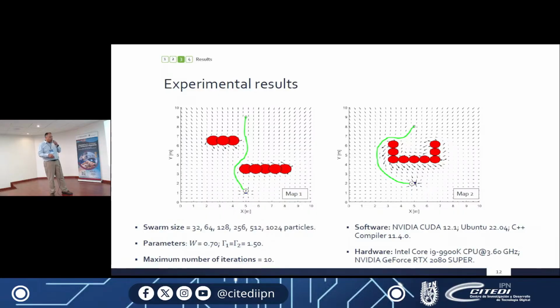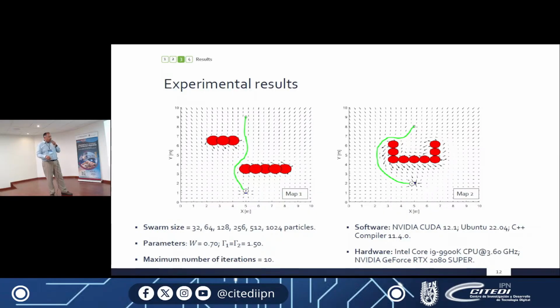The best parameters for our proposal were the inertia, 0.7. This parameter was fixed in our implementation, but can be adapted dynamically. The learning factors were fixed at 1.5, and the maximum number of iterations, 10.